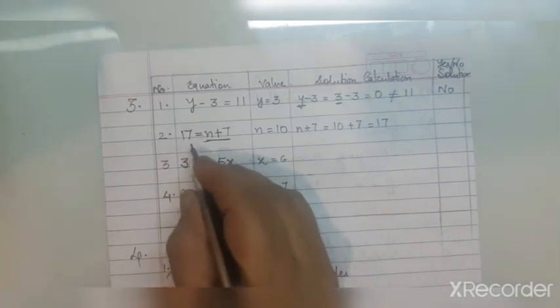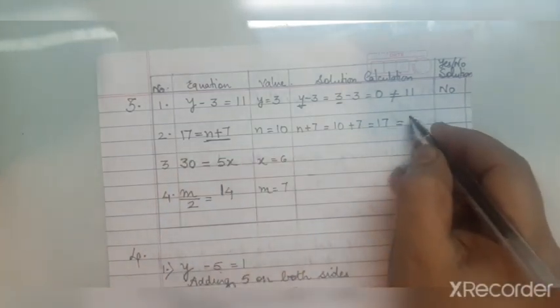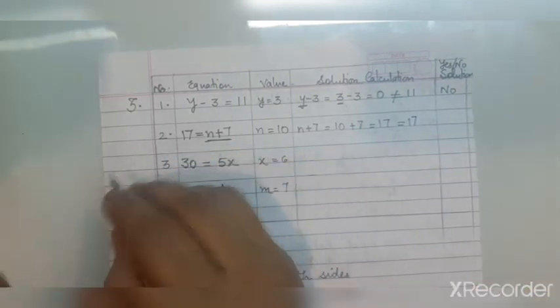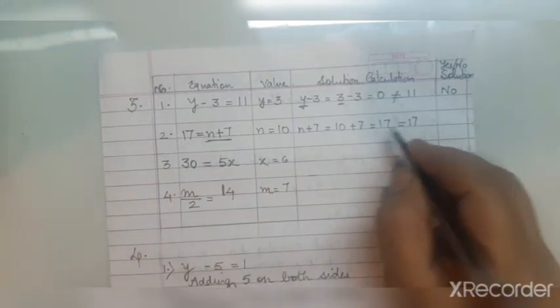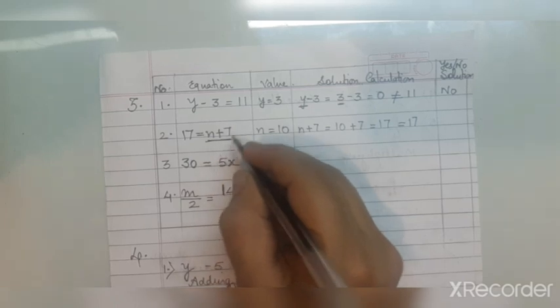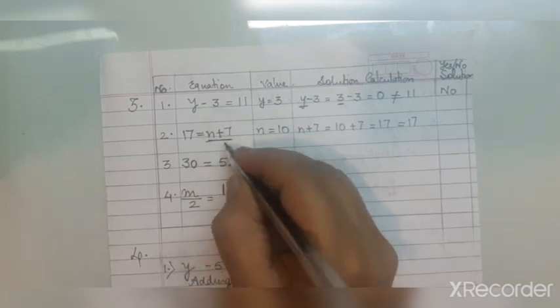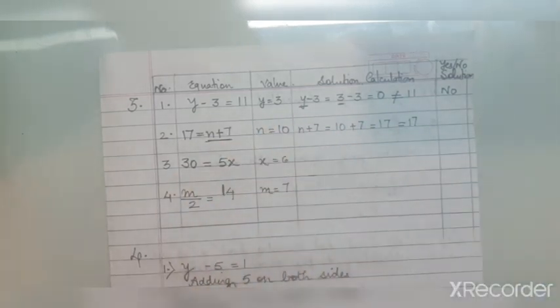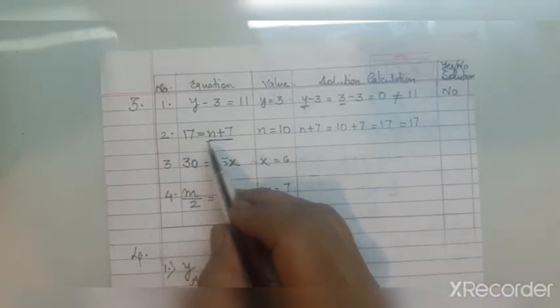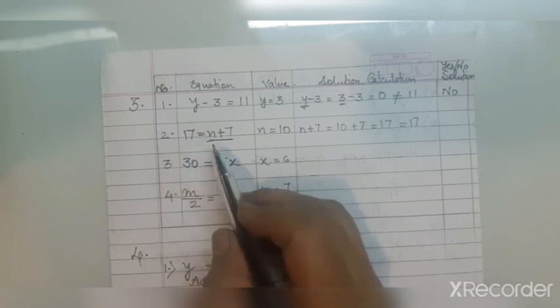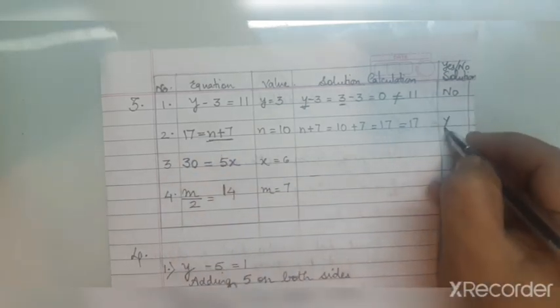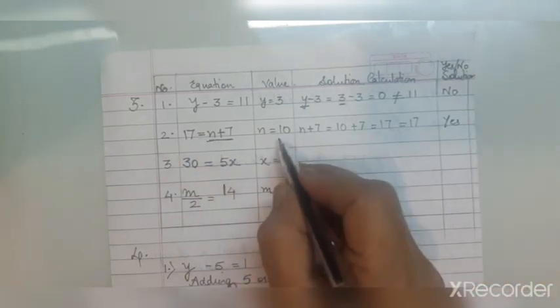Yes. 17 is equal to 17, which is on the left hand side. So, you remember in the first video I told you about the weighing machine. It should be balanced. So, here also it should be equal on both the sides. So, yes, it is equal. So, the given value is correct.